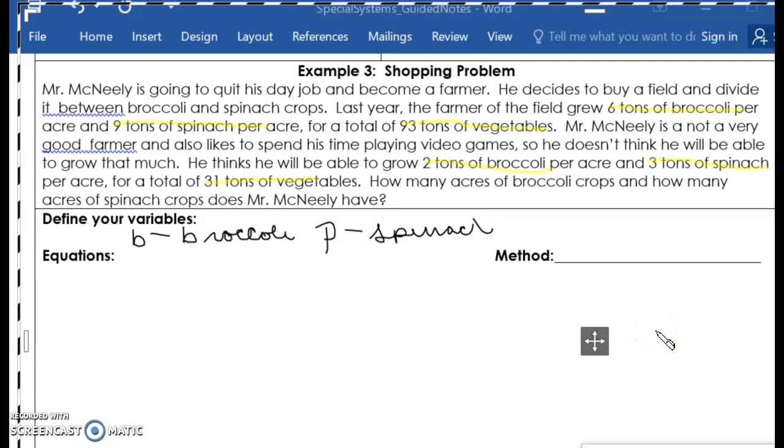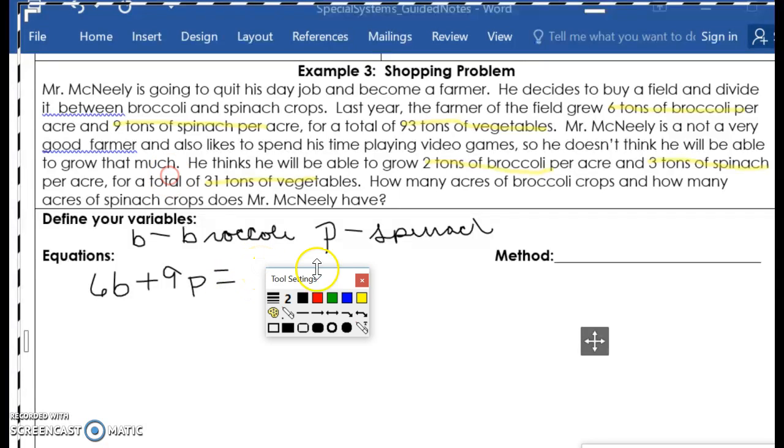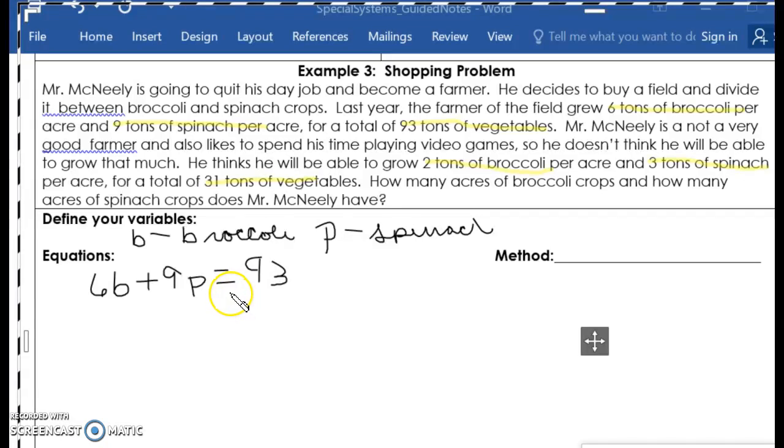Well, let's start by defining our variables. Let's call B broccoli and P spinach. So let's write our equation. So last year, the farmer grew 6 tons of broccoli and 9 tons of spinach, for a total of 93 tons.